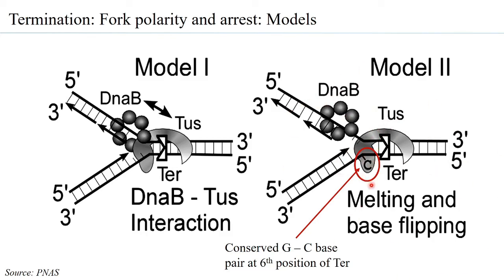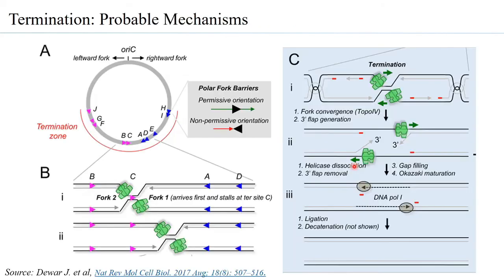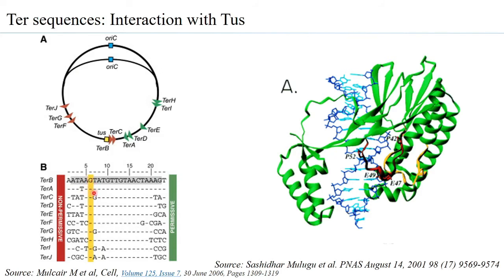The explanation is this: the DnaB, having its helicase activity, is going to carry out unwinding of even the TER region. Okay, now as the unwinding goes on and has left single strands of the TER region, we know that the sixth base pair is the GC base pair, and it has been observed that it is present in all the TER regions and the GC base pair is conserved.